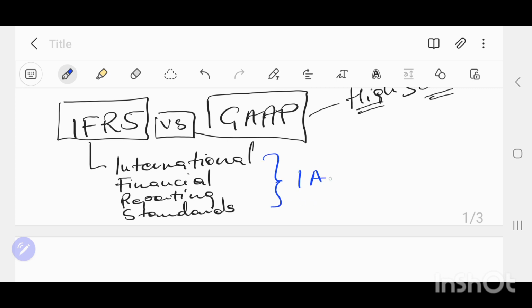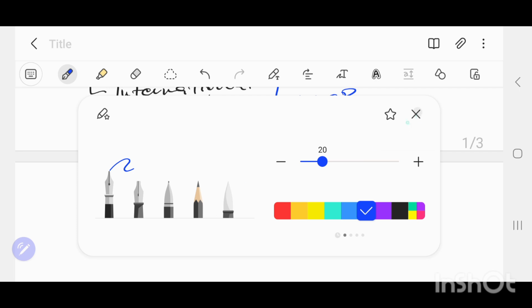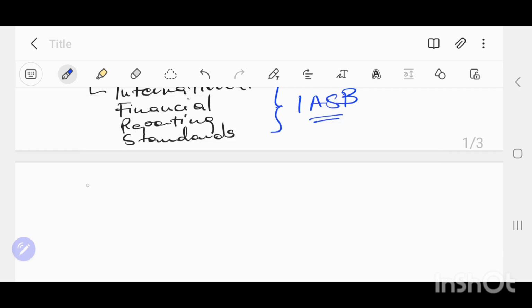It's the IASB, the one that produces these accounting standards, including the conceptual framework. And then the next concept that we are going to speak about is the transaction. What is a transaction? We spoke about the transaction in the first session. And then what is an adjustment?